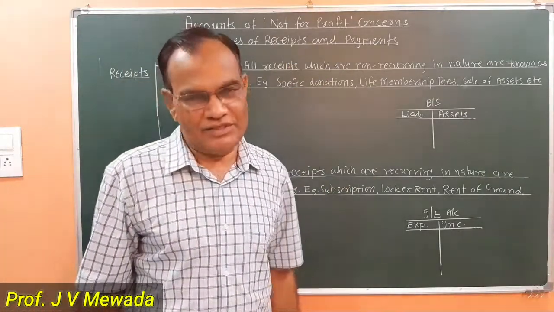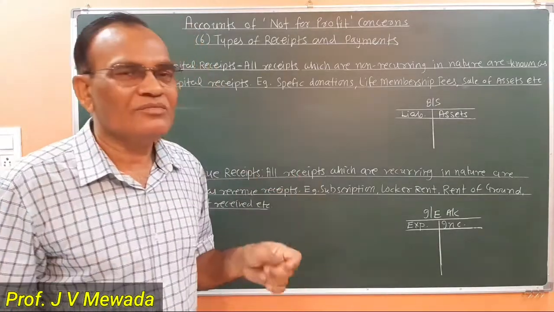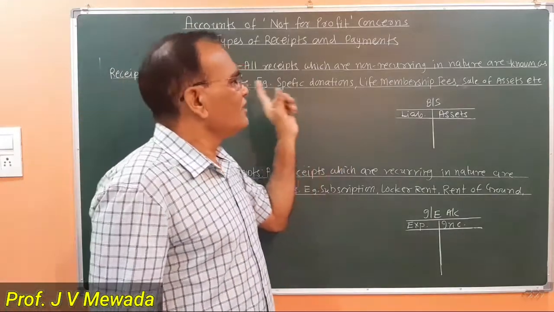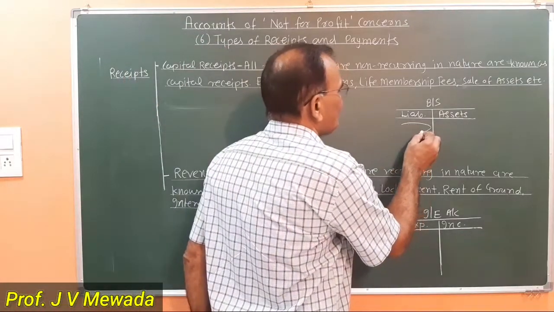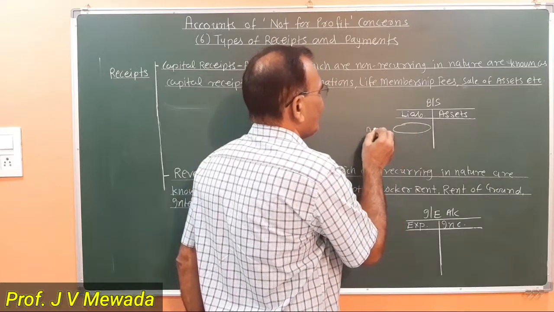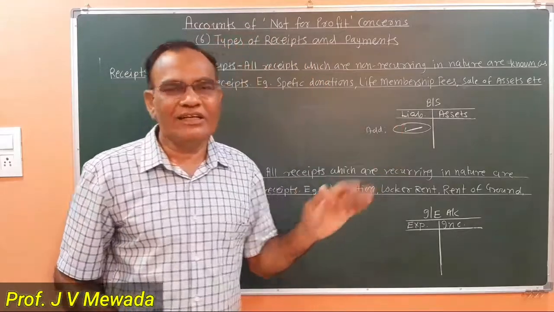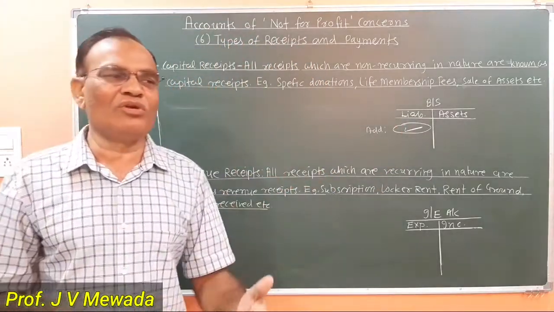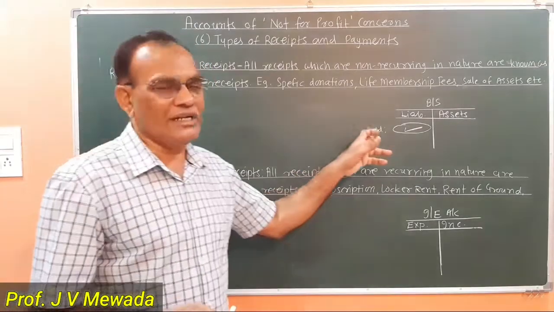Now when we are transferring this, in the balance sheet, these capital receipts are transferred. Suppose it is to be capitalized, then we are adding to the capital fund. So we are showing on the liability side, add to the capital fund. Suppose we are told in the problem to capitalize interest fees, then we are going to add it.